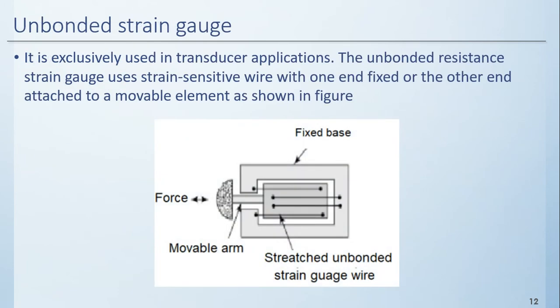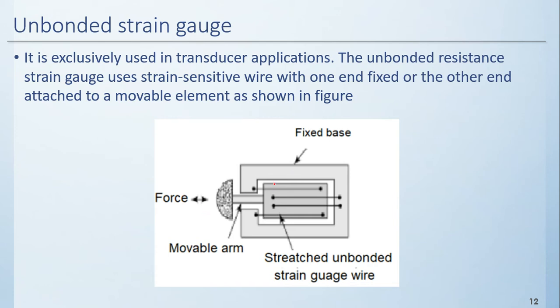Now coming to unbonded strain gauges. So here it is completely different. Here the wireframe is not fixed to the member which is subjected to deformation. Instead, you have a separate movable arm which transfers the force or the deformation to the wireframe.